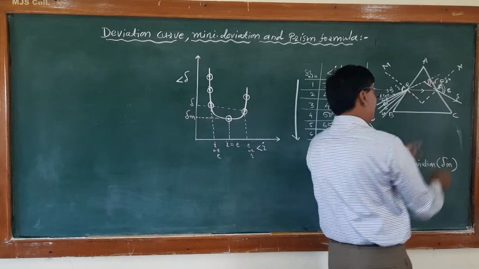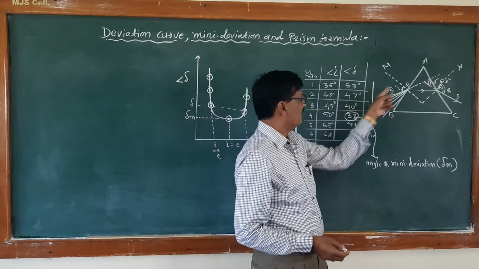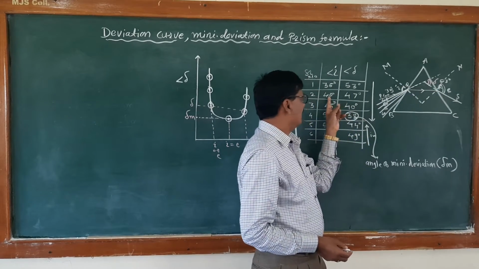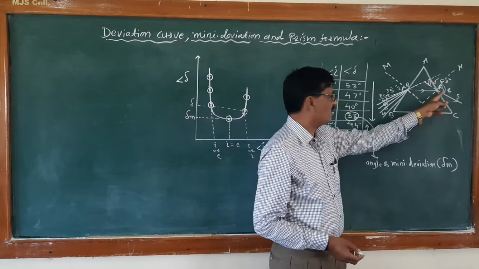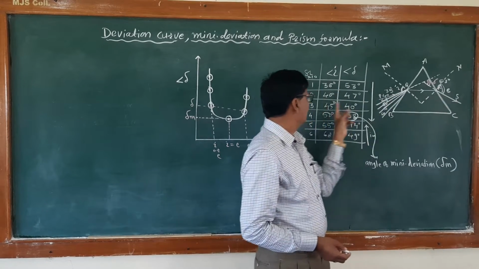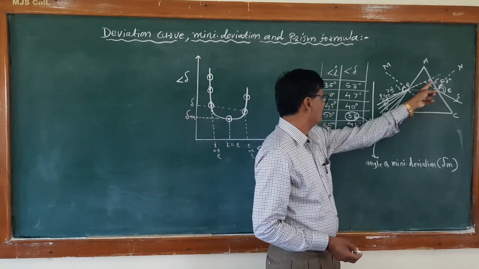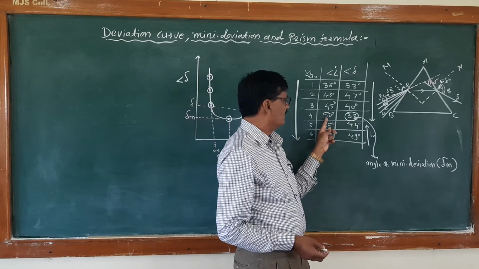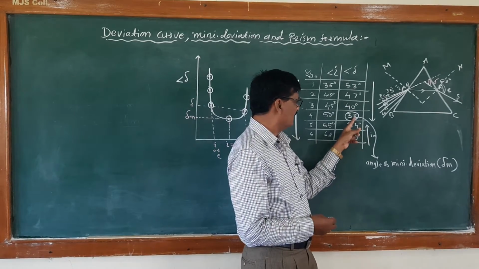Each and every time you measure the angle of deviation: initially 53 degree; for angle of incidence 40 degree, the angle of deviation is 47 degree, it decreases; then for 45 degree, the angle of deviation is 40 degree; for angle of incidence 50 degree, the angle of deviation is 38 degree.